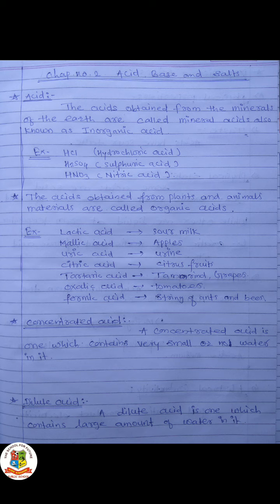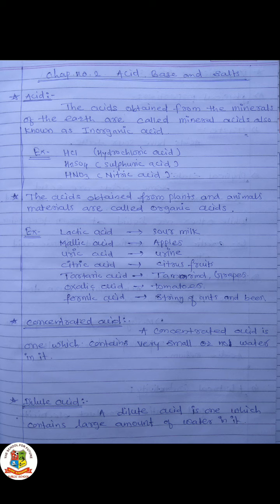They can burn our hands and clothes. Therefore, these acids should be handled very carefully. They are more dangerous than the organic acids. So we should take care while handling inorganic acids.